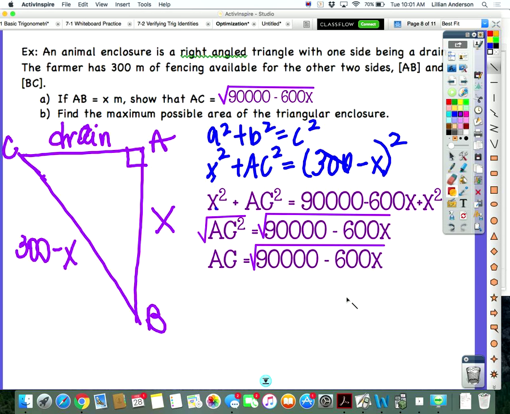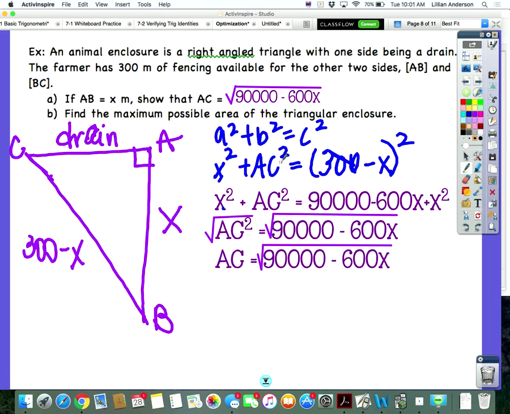Now we have to find the maximum possible area of the triangular enclosure. I don't give you any hints this time, but what is going to be the formula we need to construct that we're going to take the derivative of? 1/2 base times height. What's the base? The AC, and what's the height? x. It's never the hypotenuse when you're looking at a right triangle. So the equation for the area is going to be 1/2 x times all of that.